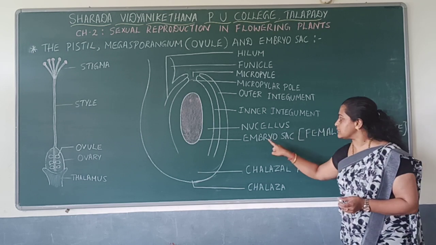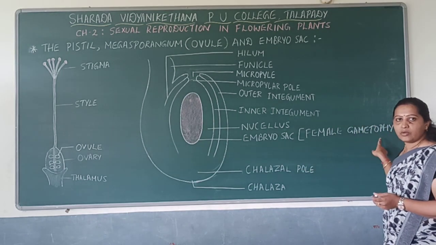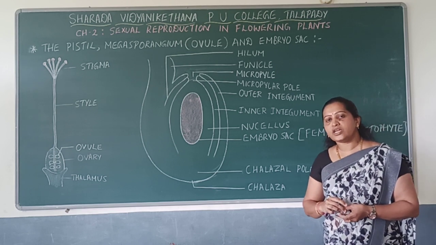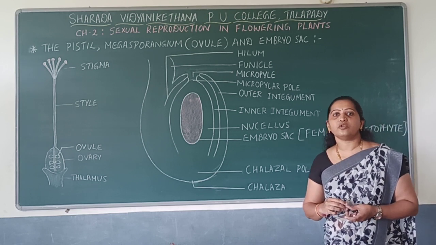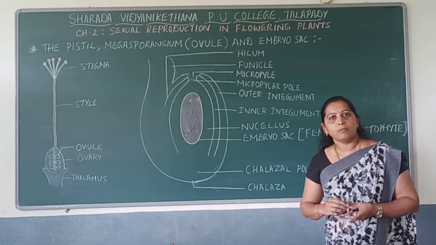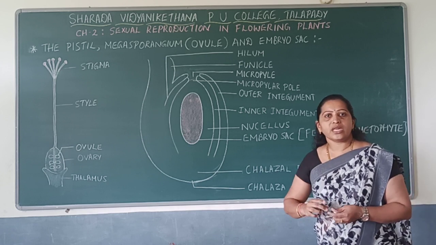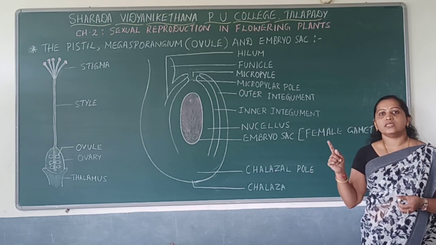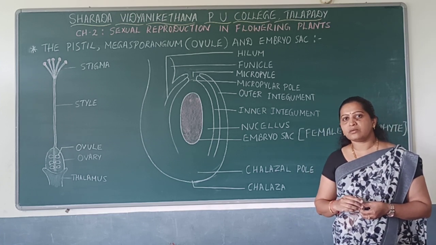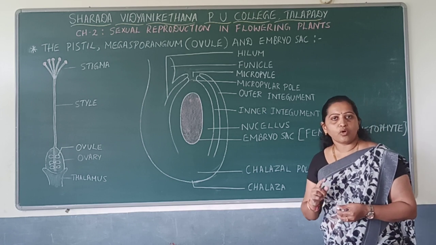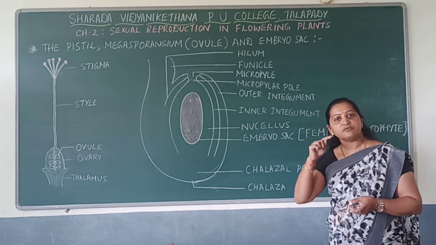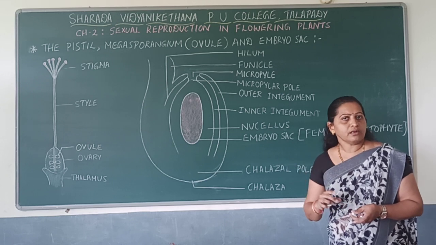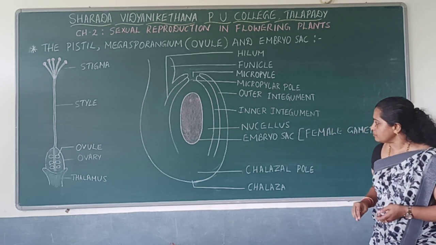And what will be the male gametophyte of an angiosperm? Male gametophyte of an angiosperm is pollen grain. This is very important. You have to remember that pollen grain is the male gametophyte of an angiosperm, and embryo sac, which is found inside the ovule, is the female gametophyte of an angiosperm.